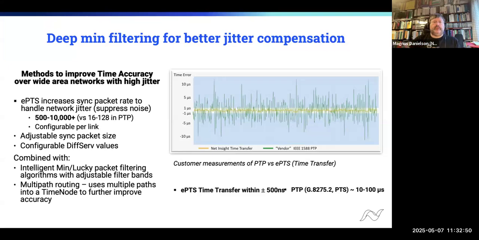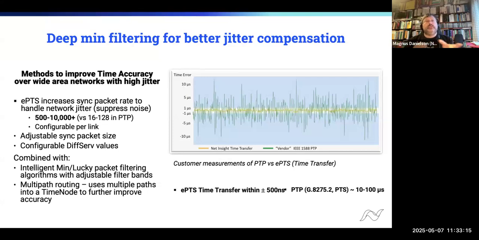I also talked about the sync packet size. This has also proven to be a very useful thing. And the diff serve value: it's not always the best diff serve quality that gives you the best timing property. So it can actually be interesting to try different diff serve settings.